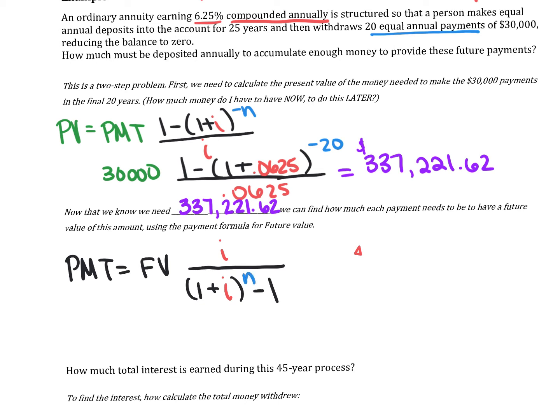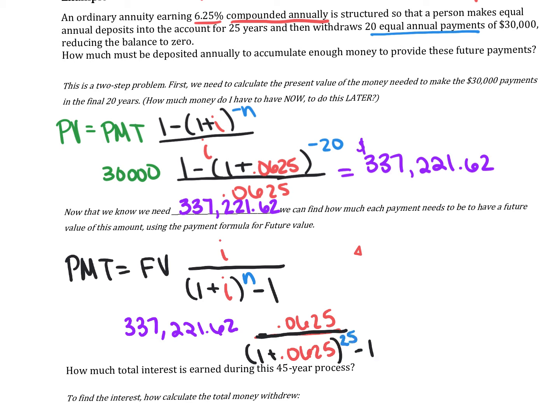So here, I plug in what I know: this future value has to be 337,221.62, times I. We already said our I was still 0.0625, over 1 plus 0.0625. But this time, I'm going to be making those payments for 25 years to get to that particular future value. So it's raised to the 25 minus 1.